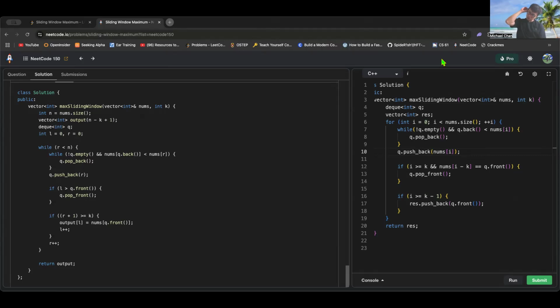And if i is bigger or equal to k minus 1, so it's the right, which will be after the first two, right? i is bigger or equal to k.